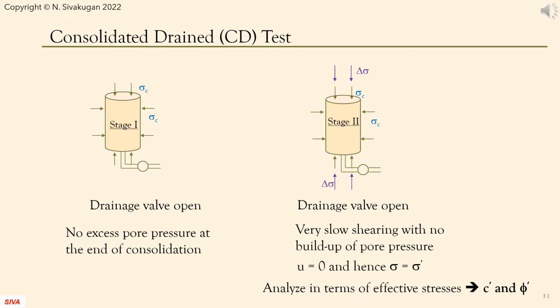In a consolidated drained test, the drainage valve is open in both stages of the test. The test is analyzed in terms of effective stresses, and C' and Phi' are determined.